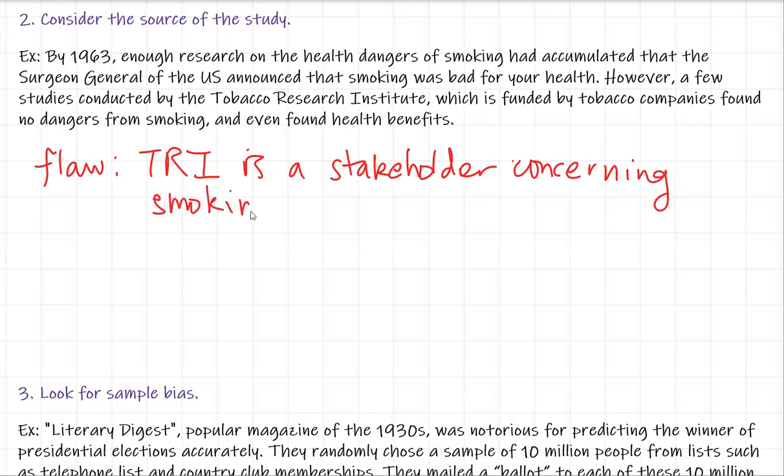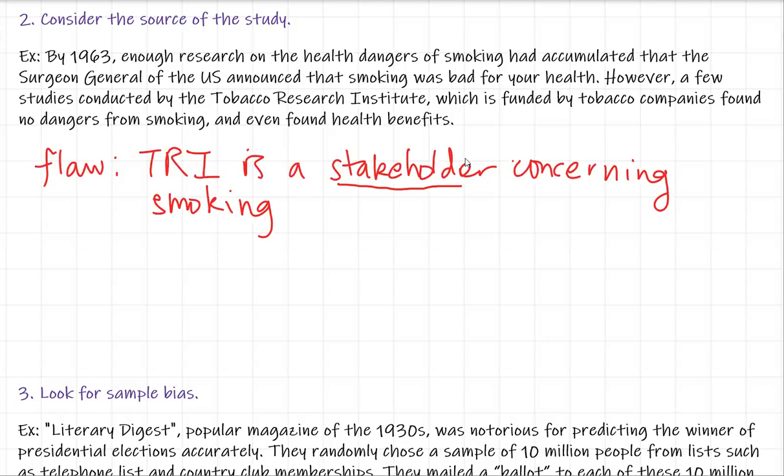What we mean by stakeholder is that the Tobacco Research Institute has a direct connection to smoking. You can see the direct connection there. The Tobacco Research Institute has no business conducting studies when it comes to smoking because they're funded by tobacco companies, so they might be swayed to make conclusions one way or another.